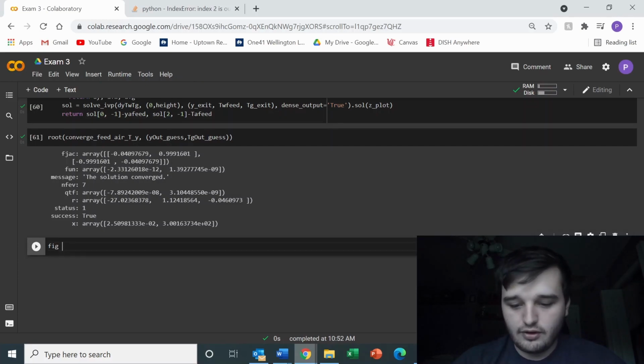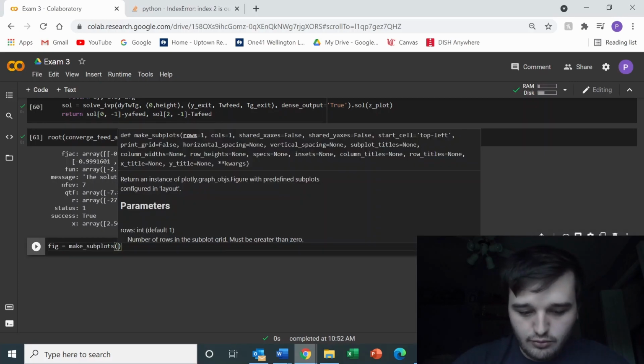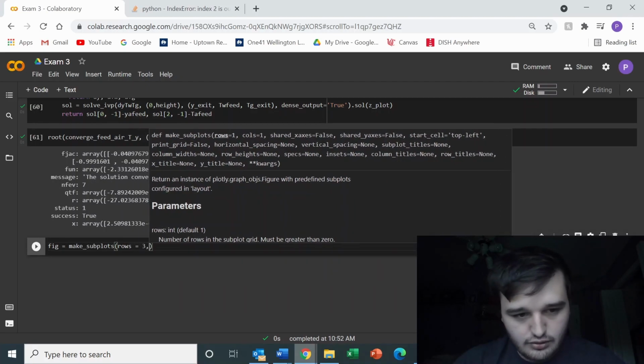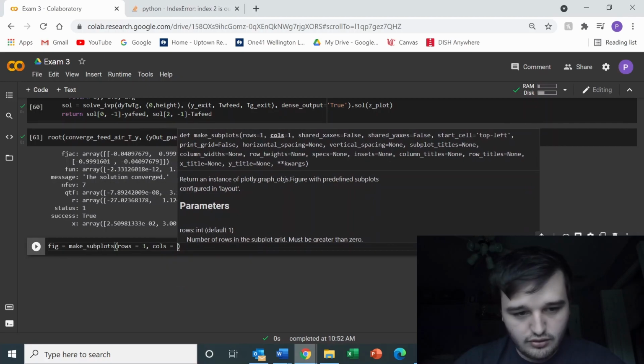So we're going to make subplots, and in the subplot we want rows equal to 3, and columns equal to 1.